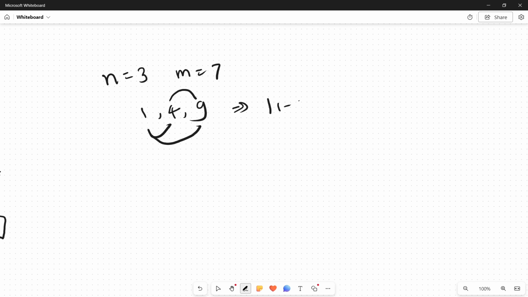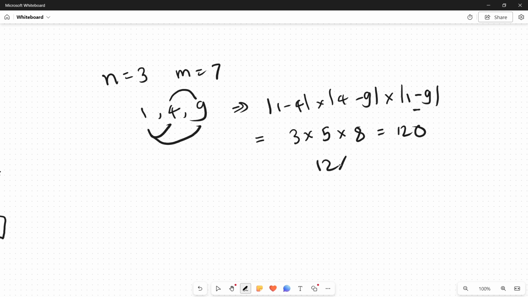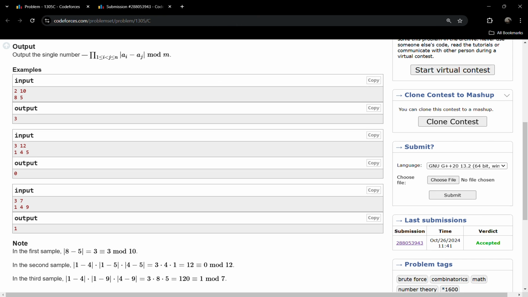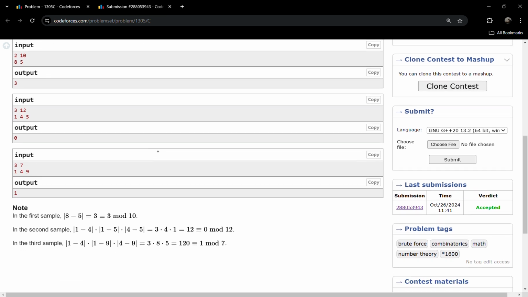So mod of 1 minus 4 into mod of 4 minus 9 into mod of 1 minus 9, which is equal to 3 into 5 into 8, which will be equal to 120, and 120 modulo 7 is 1. So in this third test case the answer should be 1.